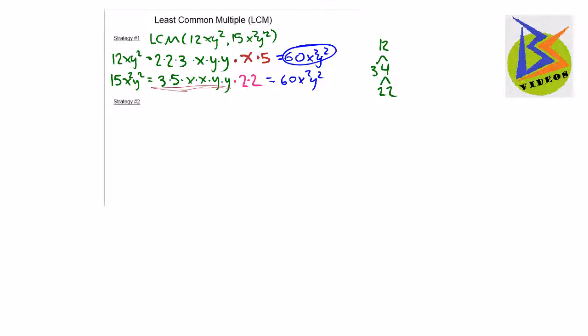The other option: let's say we're looking for the least common multiple of 8xyz squared and 12x squared y. Usually the toughest part is to find the least common multiple with our coefficients, the 8 and the 12.